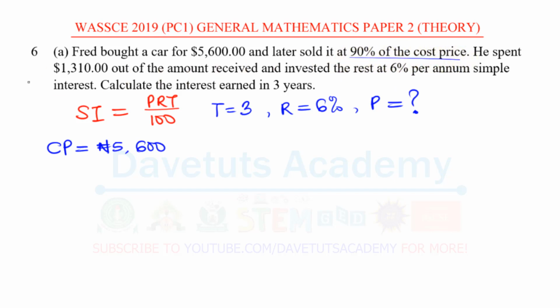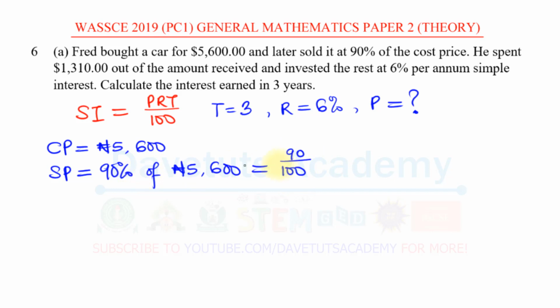So how do we express 90% of the cost price? We can say the selling price is 90% of cost price. Cost price is $5,600, and that will give us 90 over 100.